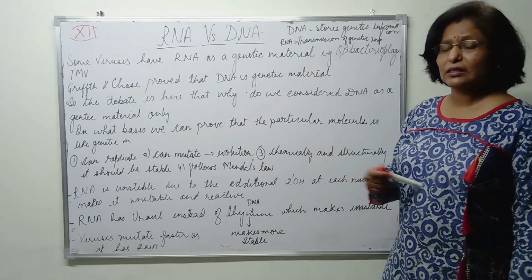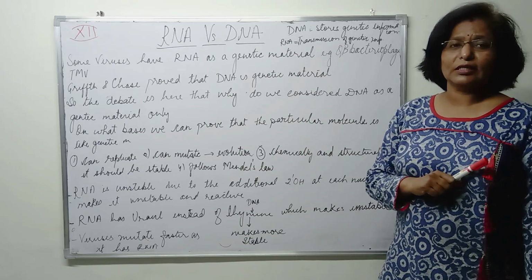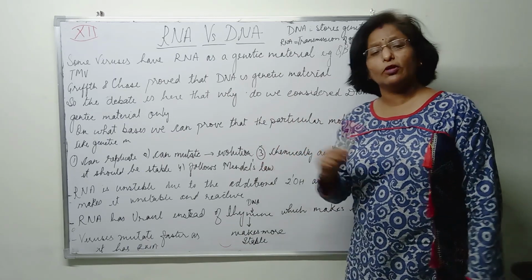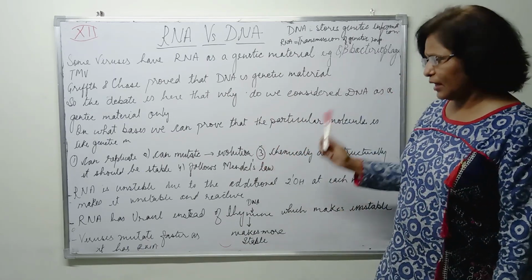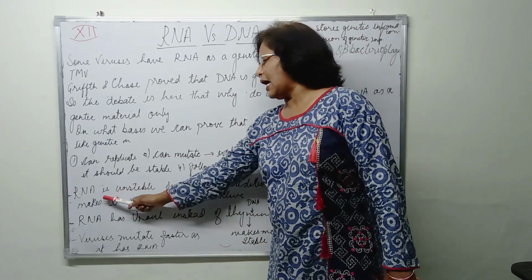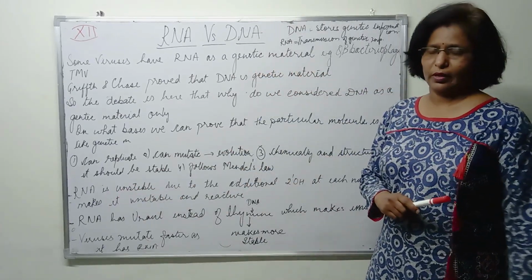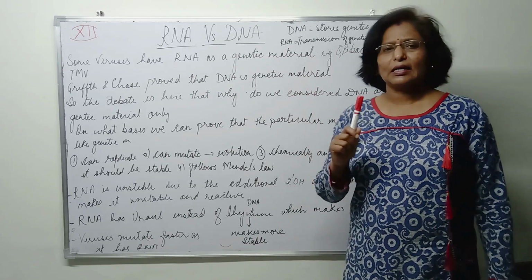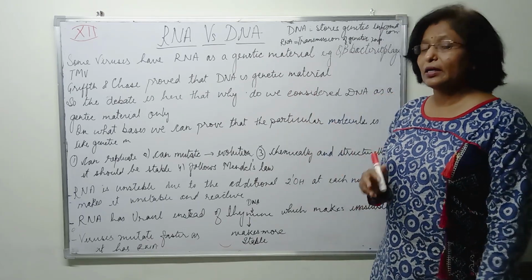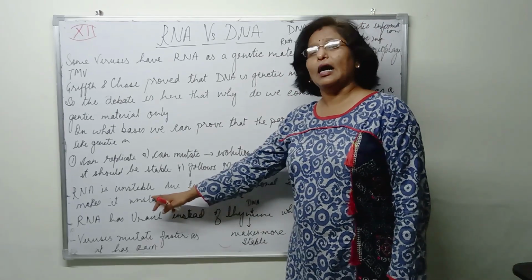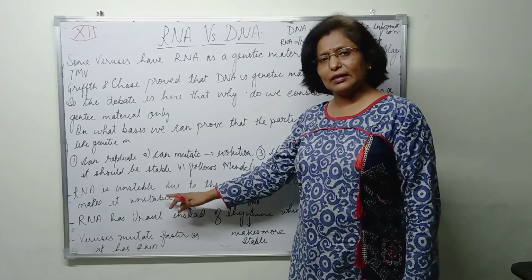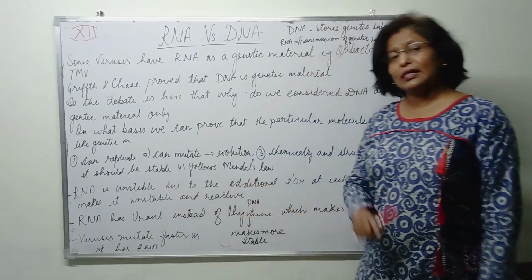How can we say that RNA is not a genetic material, not showing all these 4 characteristics? Here the first point is that RNA is unstable. We are saying that DNA is structurally and chemically stable, but RNA is unstable. Why is it unstable?